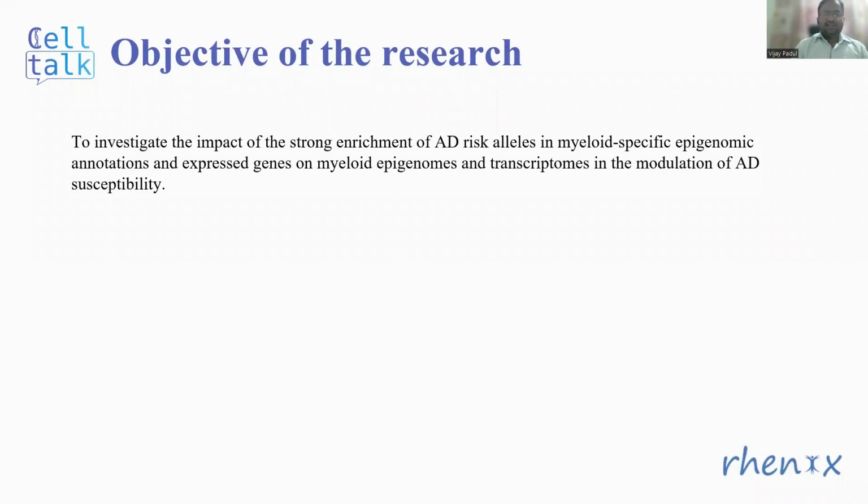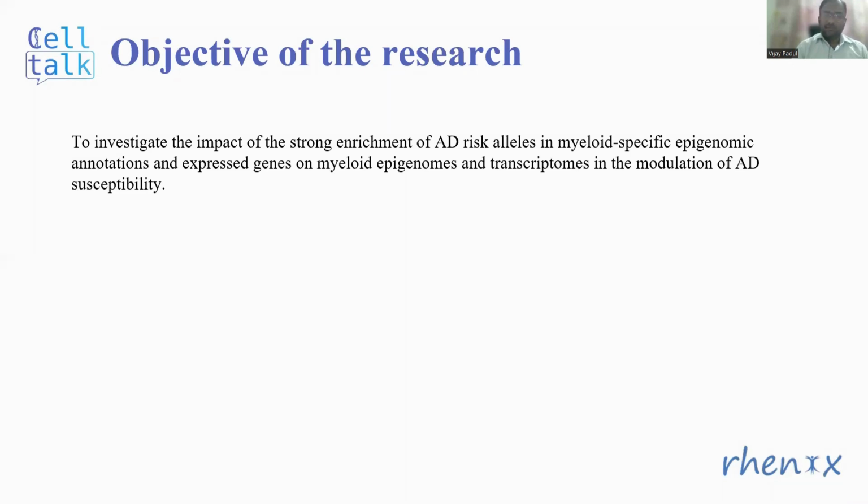Now, the objective of this research article was to investigate the impact of the strong enrichment of AD risk alleles in myeloid-specific epigenomic annotations and expressed genes, on myeloid epigenomes and transcriptomes, in the modulation of Alzheimer's disease susceptibility. As we have seen, the earlier studies used GWAS data and eQTL data, but here they are integrating multiple sources of data, including GWAS and QTL sources, specifically from myeloid cells.